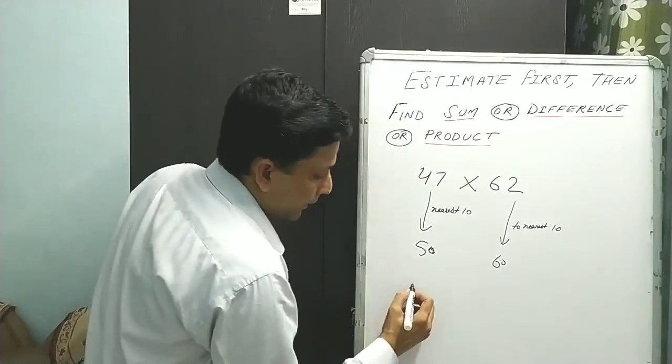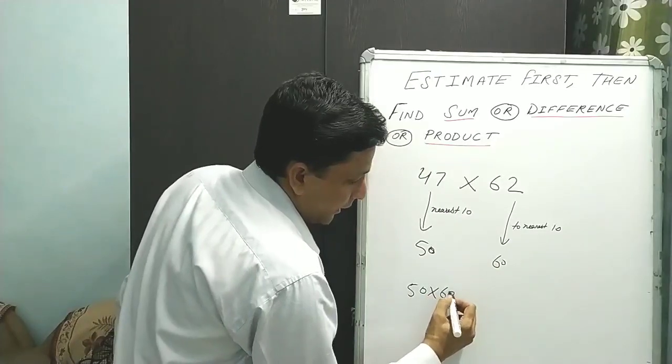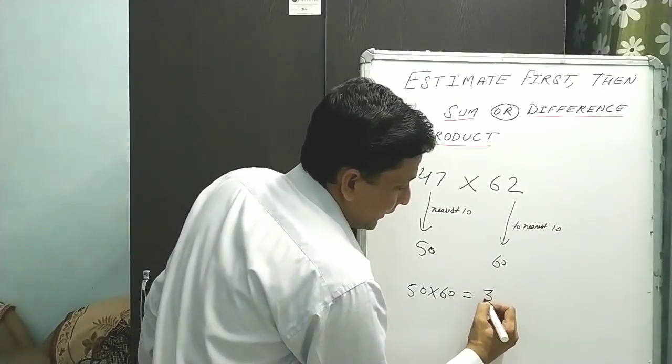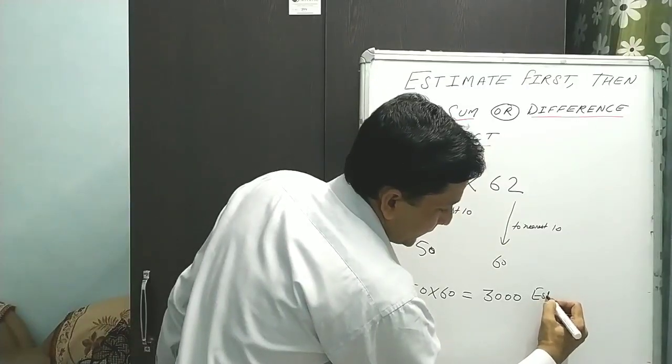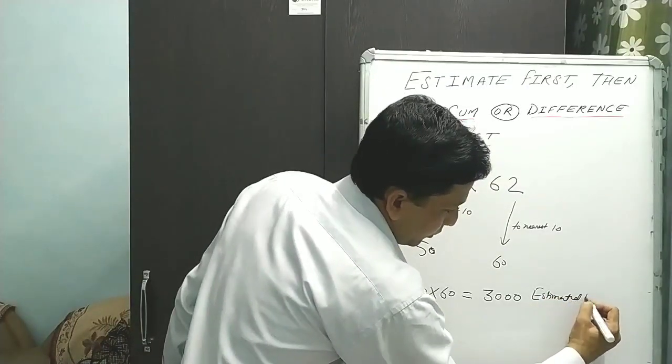Now after converting we will multiply, and after multiplying we will get 3000. Again this answer is known as the estimated product.